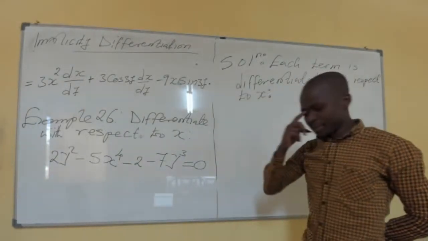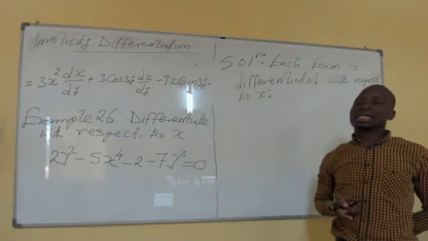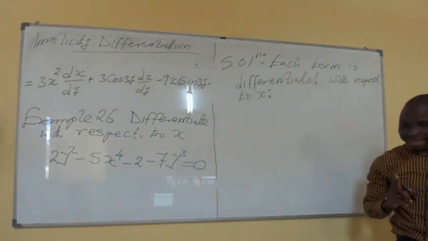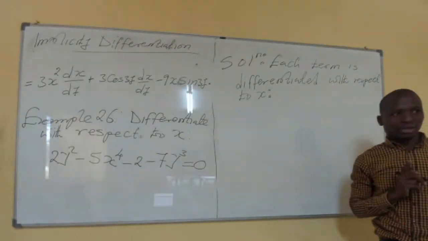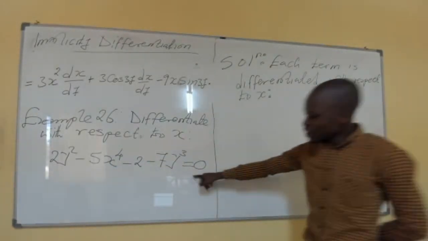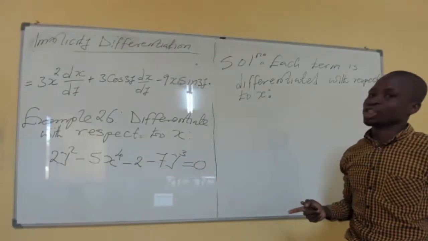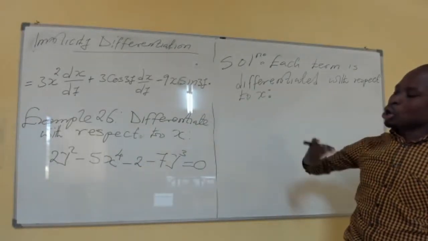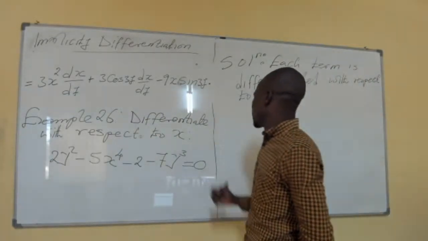This is an equation. You remember when we started implicit differentiation, I mentioned you are going to differentiate both sides of the equation with respect to x, not where I just differentiate one side. If you have an equation like this one, you differentiate both sides with respect to x. So in short, you are going to differentiate term by term. Each term must be differentiated with respect to x.